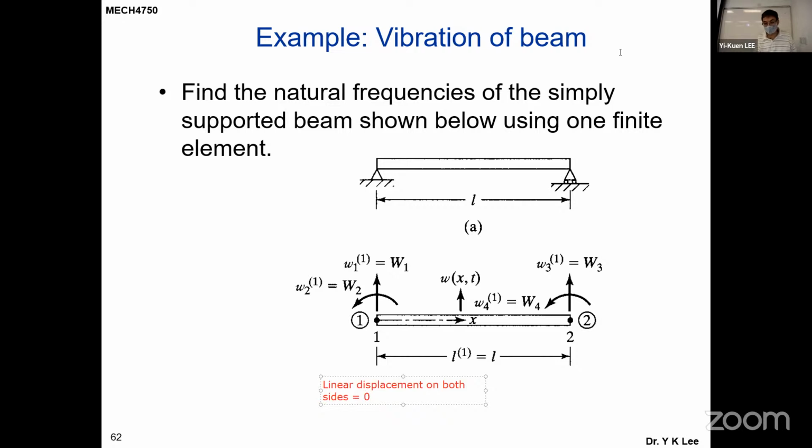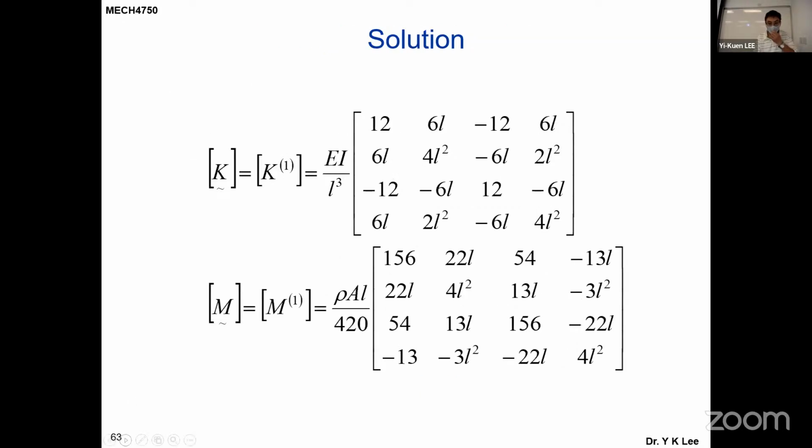So this gives you a very simple way, and with this we can quickly show you. Based on this M and K for the beam element, we delete what? Remember our boundary condition shows us this one is 0.